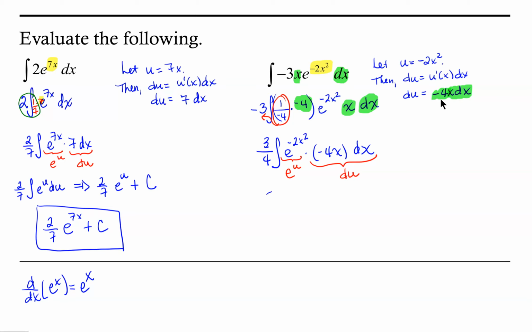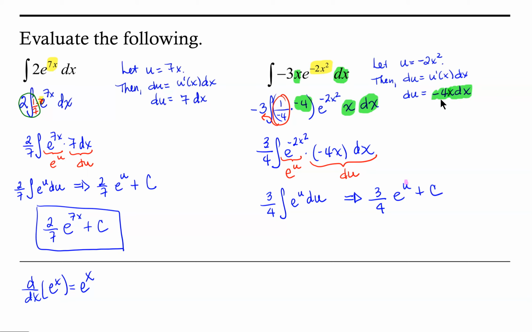So what we have at this point is 3/4 the integral of e to the u du, and the antiderivative of e to the u du is 3/4 e to the u plus c. Now we're almost done.